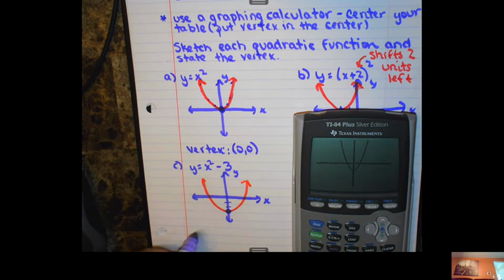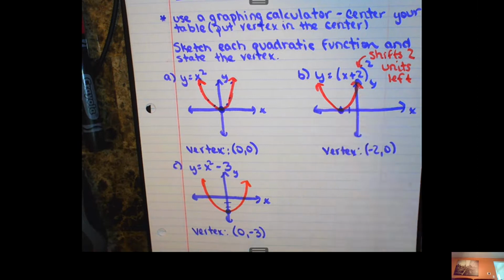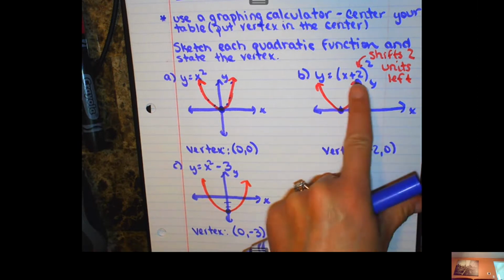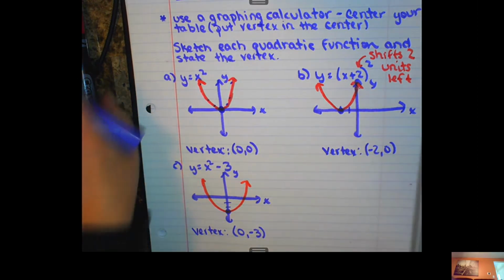So underneath, I'm going to write my vertex. So vertex, 0, negative 3. So if you notice, it's the same number as the end of the equation, negative 3. When we're shifting left and right, it's the opposite. So when we're adding 2 inside, notice the vertex starts with negative 2. Could you write for me?